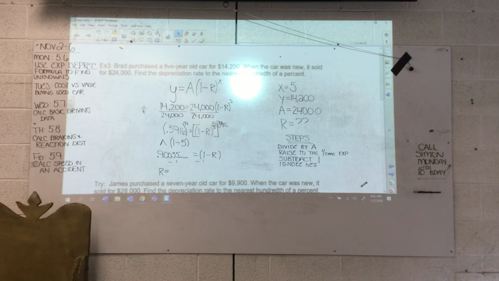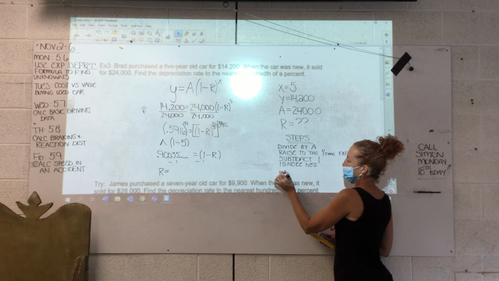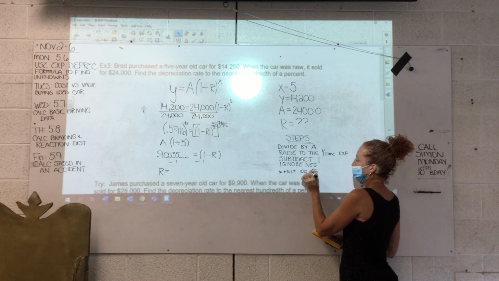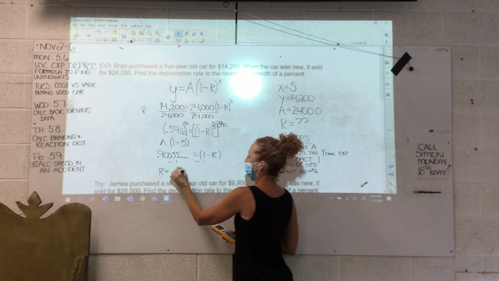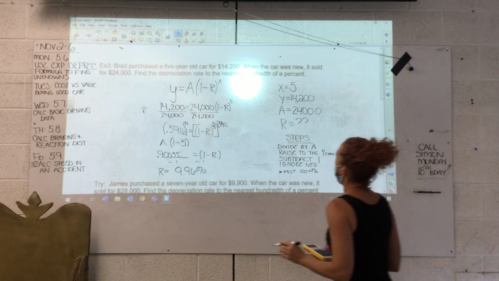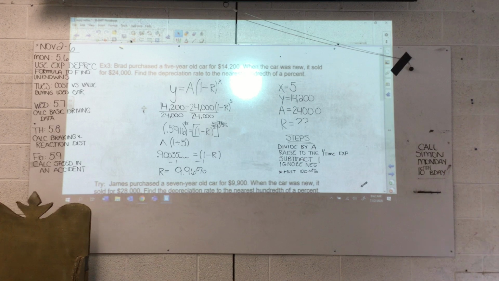It'll change it to a percent right away. You should get 9.96%, rounded to the nearest hundredth.